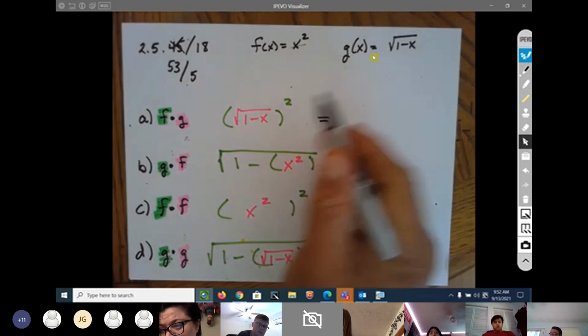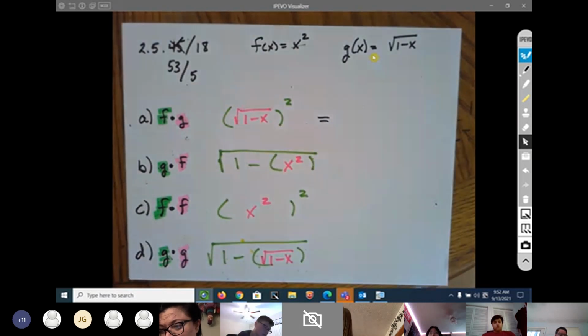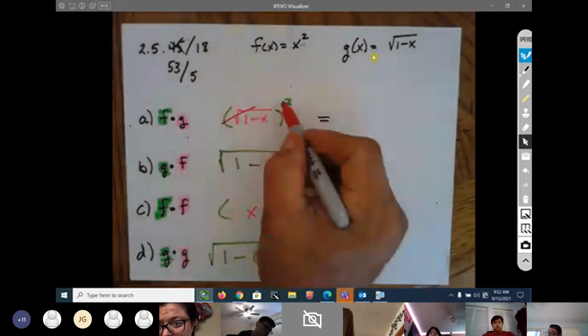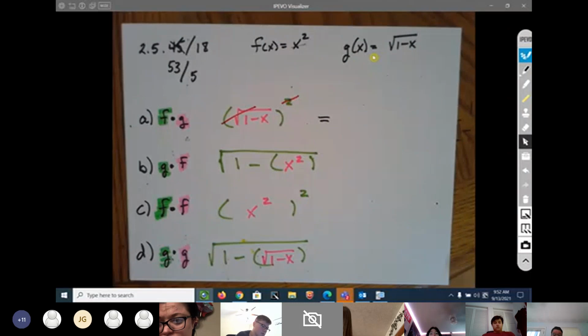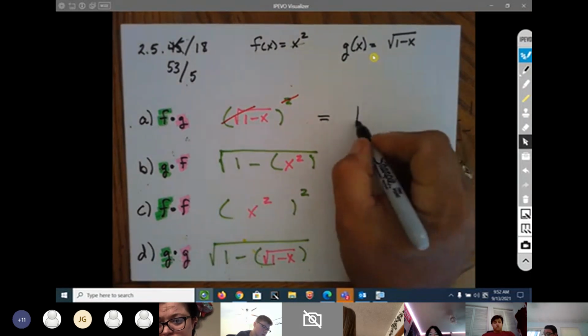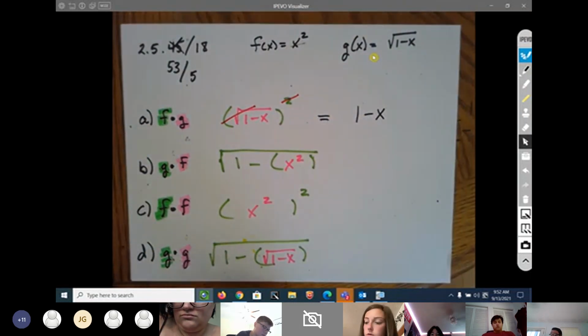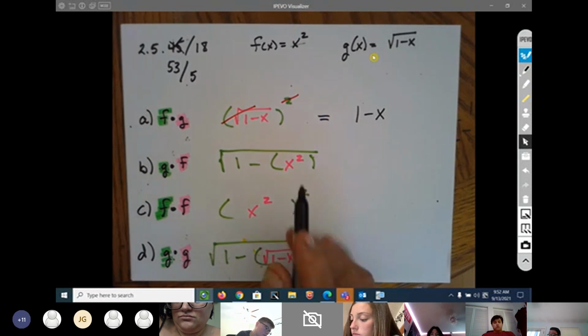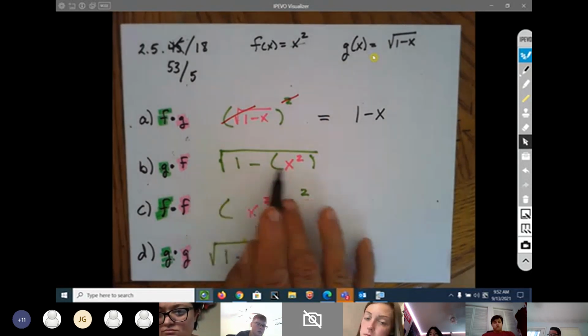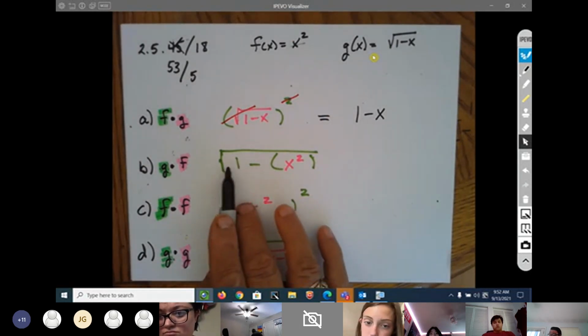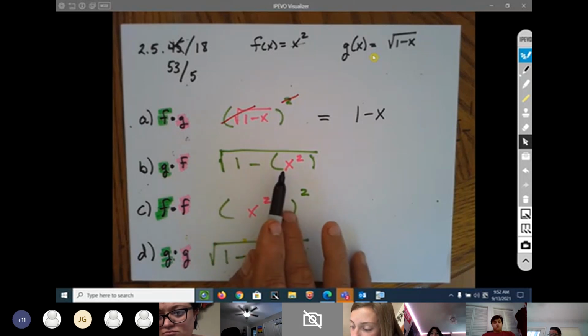What does the square do to the square root? Gets rid of it. Cancels it. So you're left with 1 minus x. This one is not so. This one actually is the square root of 1 minus x squared.